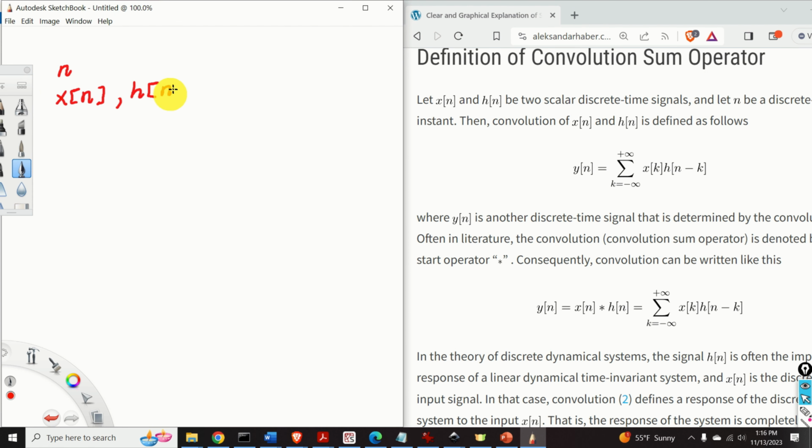Then the convolution of x of n and h of n is defined by this sum. Y of n is the sequence that's the result of convolution. It's equal to the sum, where k goes from minus infinity to plus infinity, of x of k multiplying h of n minus k.